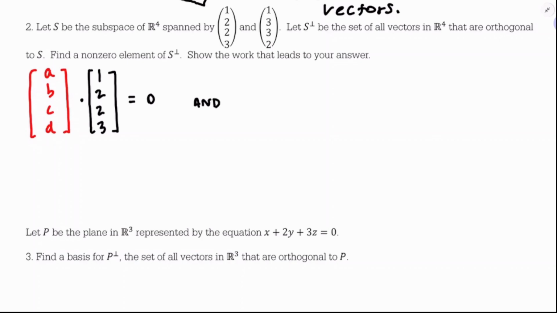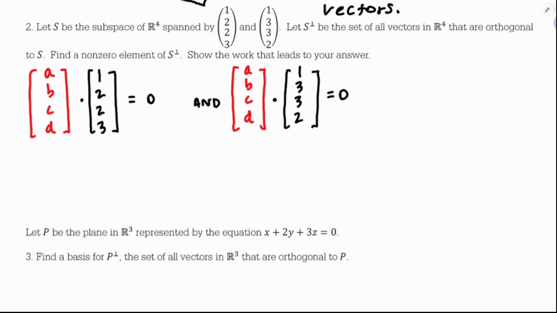And we also need to be able to dot A, B, C, D with 1, 3, 3, 2 to equal 0.